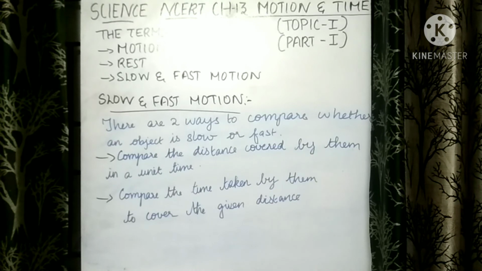The other way to find whether an object is slow or fast is to compare the time taken by them to cover a given distance. Let me say the same road, the same cars, car 1 and car 2. I'm giving them a constant distance, for example 5 kilometers, and letting them go.